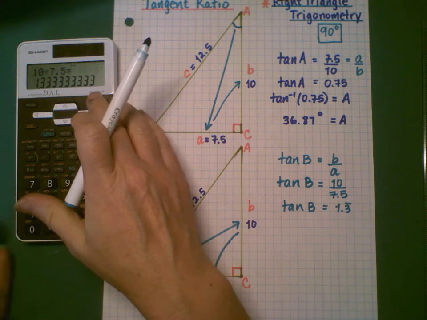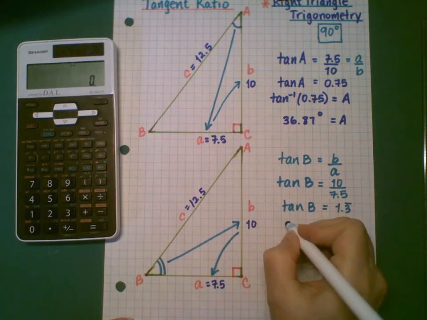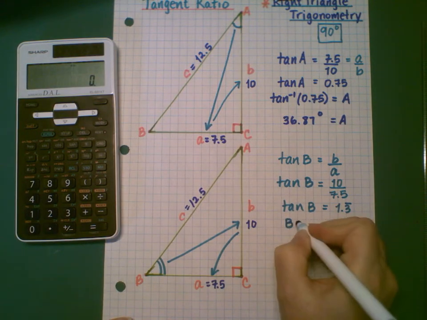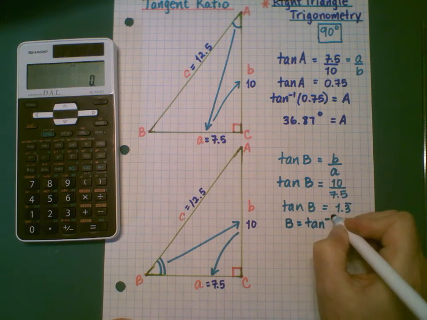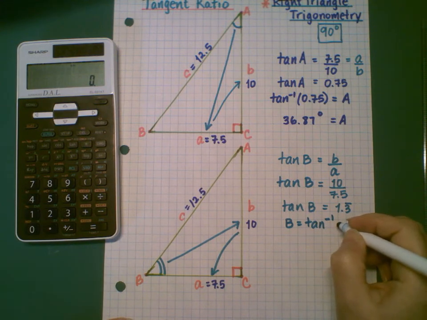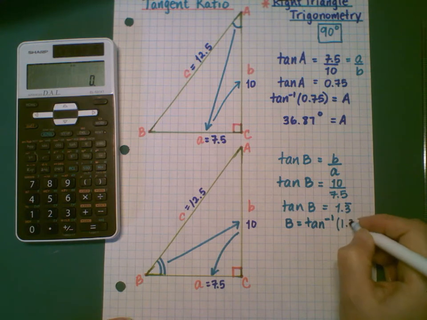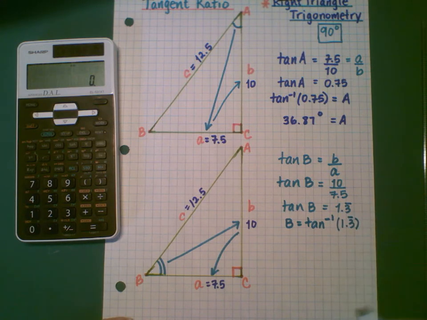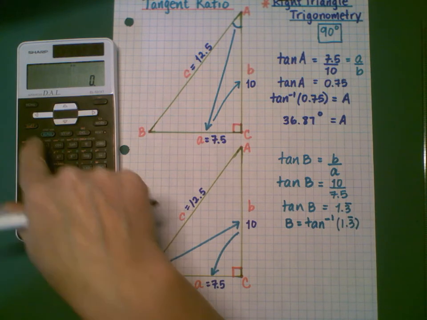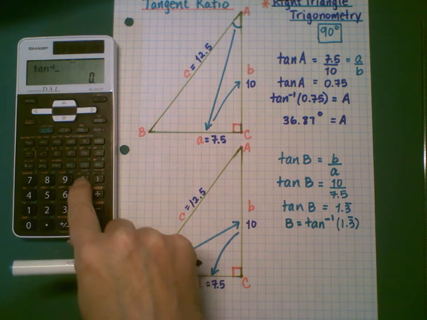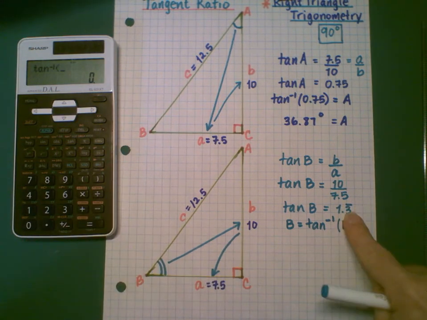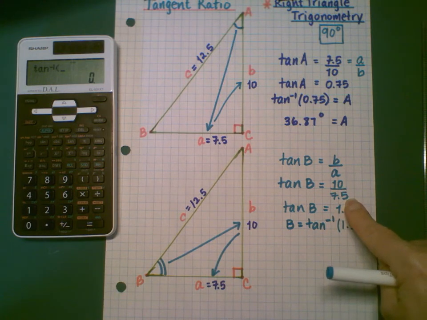That's fine. So to find angle B, I'm going to do an arctan, or second function tangent, of that decimal value. And because it's a repeating decimal, I'm actually going to put in the 10 divided by 7.5.